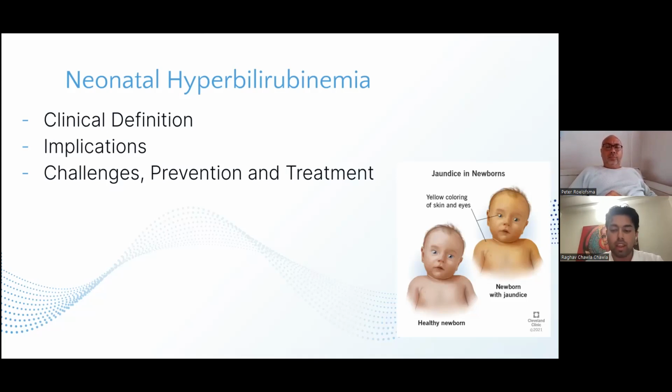And the light breaks down the bilirubin in the blood plasma, which allows it to be better processed by the body and excreted by the body. In some cases, when it's very severe, you have exchange transfusion, when you exchange the blood of the baby with healthy blood, which does not have a high level of bilirubin.